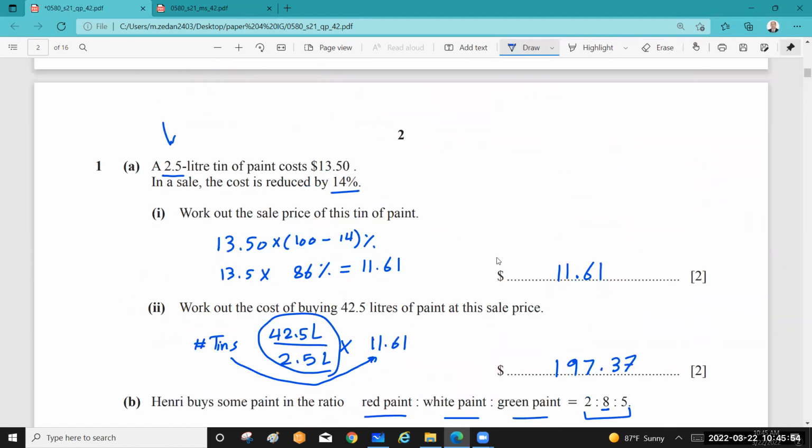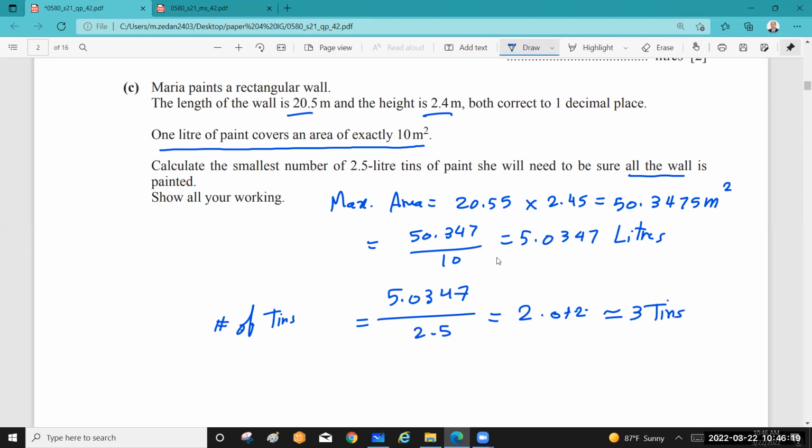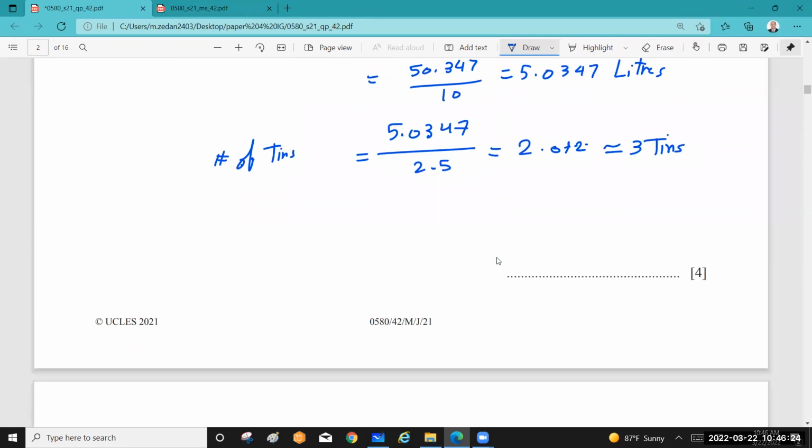So if you divide this 5.0347 by the volume of each tin to know the number of tins, you have 2 point something decimal. So you need 3 tins to be sure that you're able to paint all the wall. Okay, this is the answer. 3 tins are needed minimum to paint all the wall. Okay.